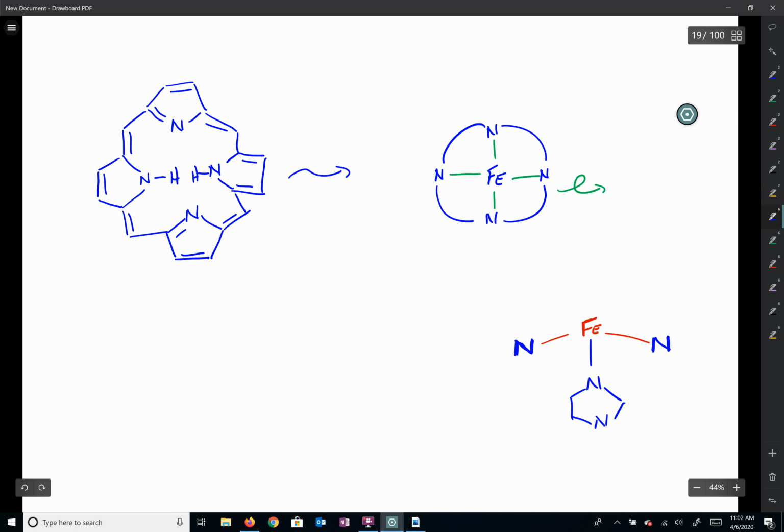A histidine residue, which is just coming from our good old buddy imidazole, and that's bound to the rest of the ring itself. Whoops, I put that double bond in the wrong place. Excuse me. And then up at the top here, we would have another imidazole ring just dangling off.